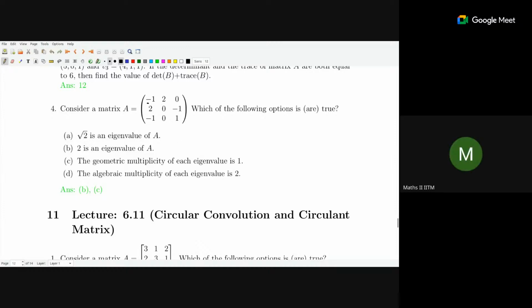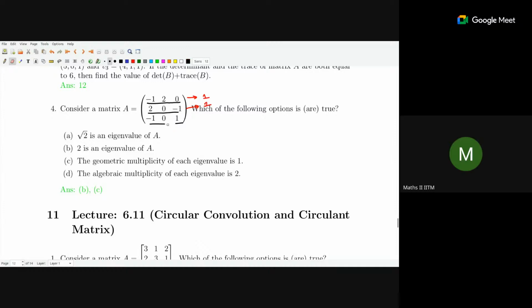When you have seen these kinds of matrices where each row sum is the same. So if each row sum is the same, you see that, right? The sum of row 1 is -1 plus 2, which is 1. The sum of row 2 is also 2 plus 0 minus 1, which is 1.